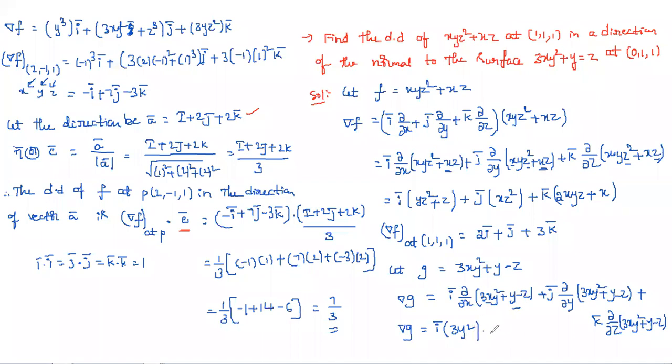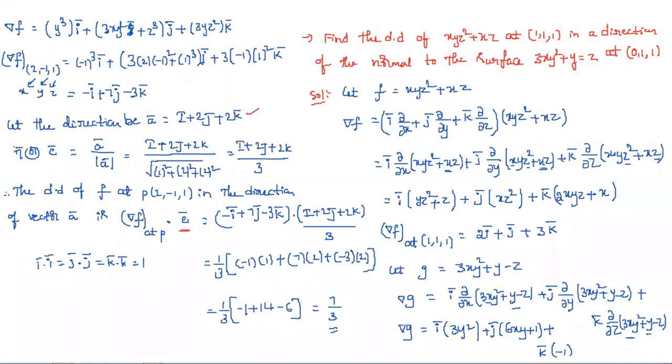Plus j into, with respect to y: y square derivative is 2y, already 3 is there, so 6xy plus 1. Plus k into dou by dou z of this with respect to z: here it is 0, this is 0, and here it is minus 1.